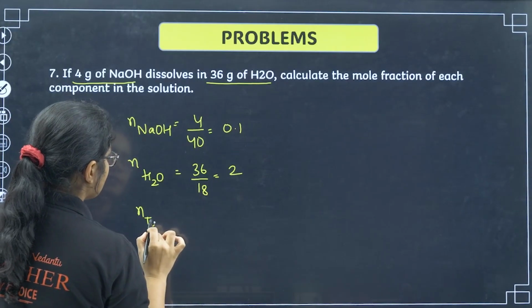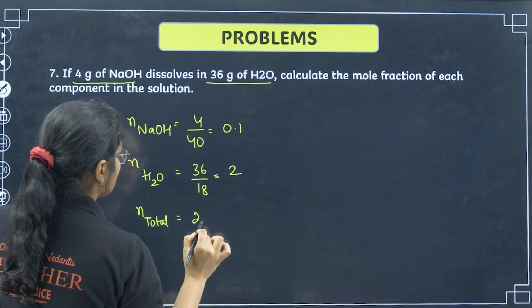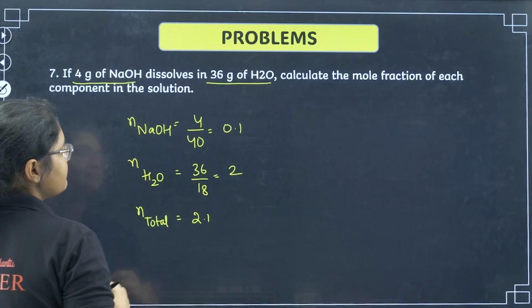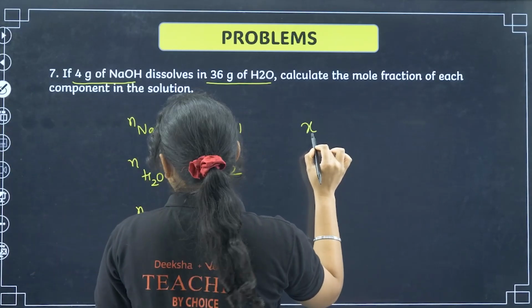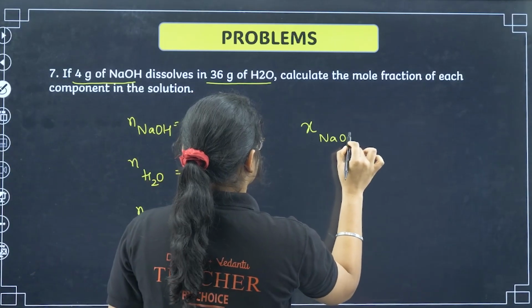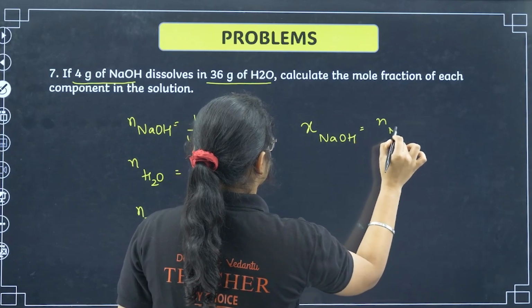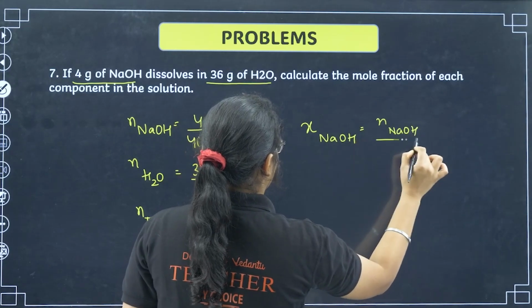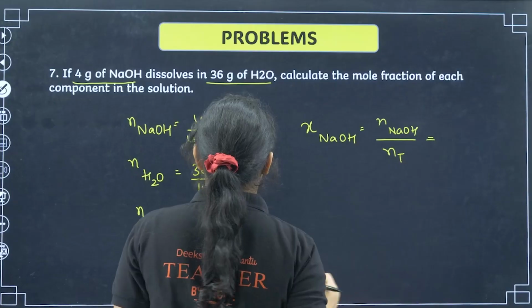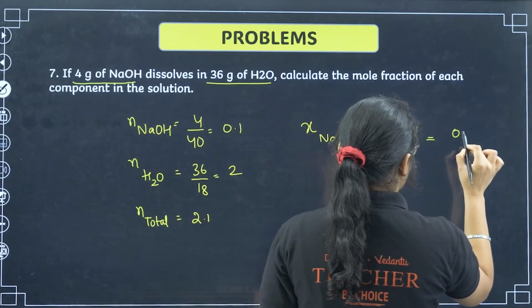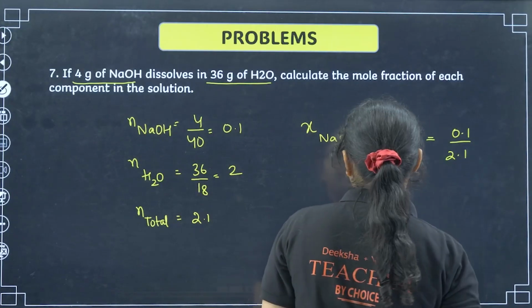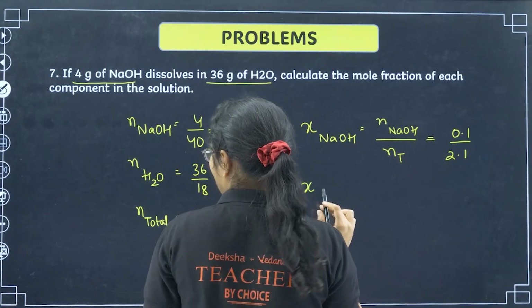And total number of moles will be 2.1. Now if I want to calculate the mole fraction of NaOH, that is equal to number of moles of NaOH by N total. What is number of moles of NaOH? 0.1 by 2.1.